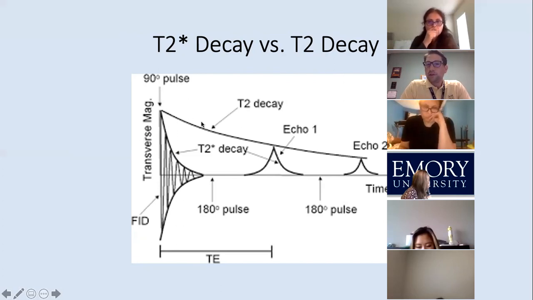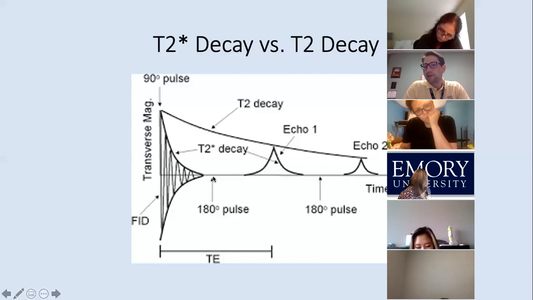What you've learned so far is this top line here. Your T2 decay, once you turn off that 90-degree excitation pulse, starts to slowly decay. But then at a certain point, we apply that 180-degree refocusing pulse, and it regrows. So this T2 decay curve decays a lot slower than our T2 star decay curve, which rapidly decays because we don't have this 180-degree refocusing pulse to regrow the signal.